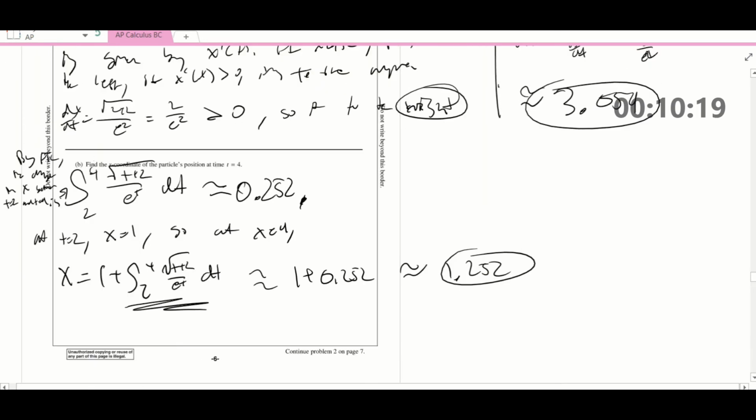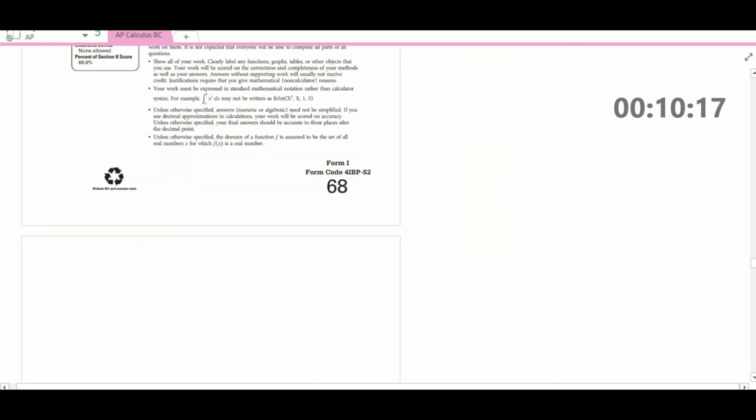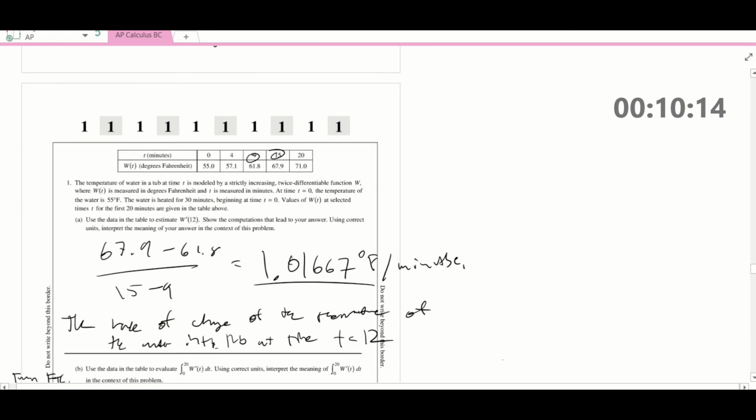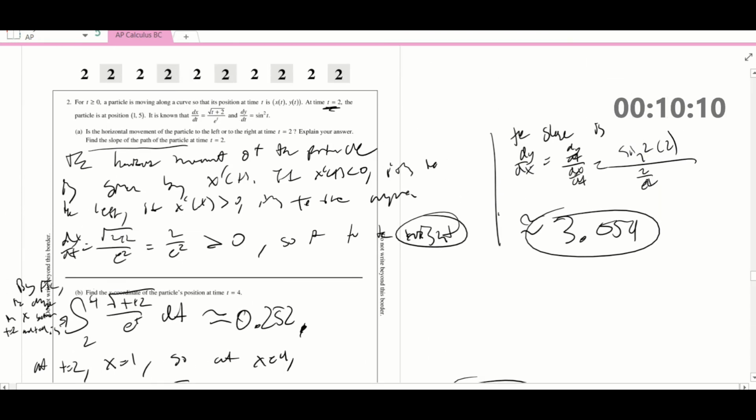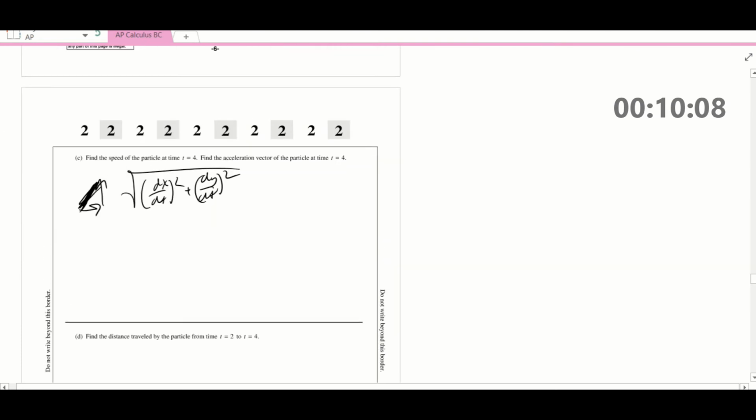When t equals 4, x prime t is the square root of t plus 2 over e to the power of t, and y prime is equal to sine squared t.